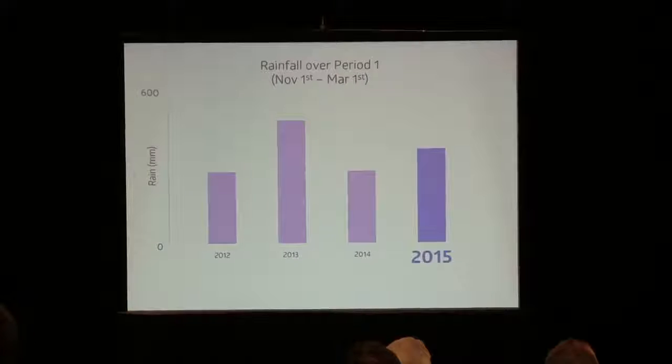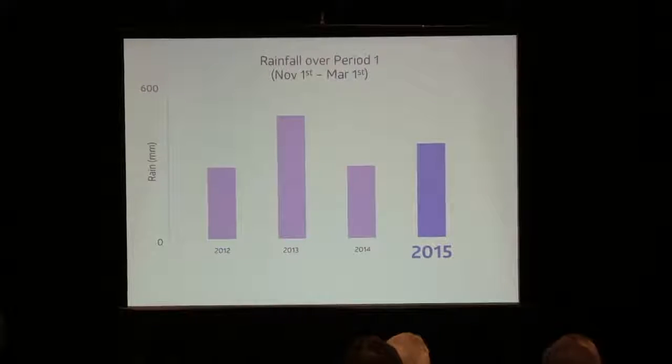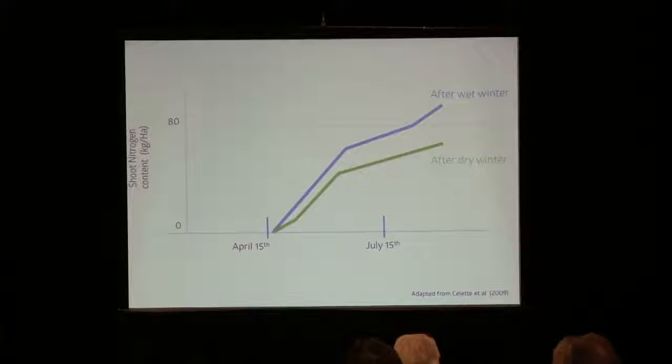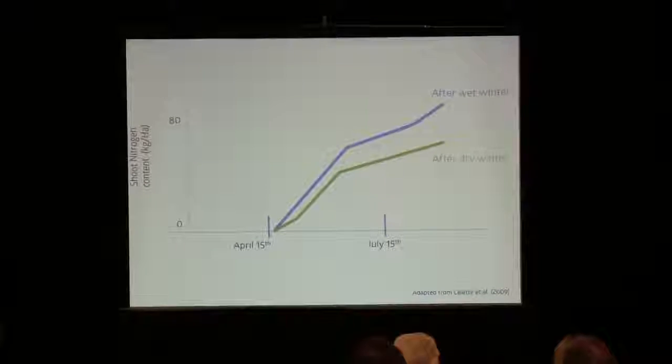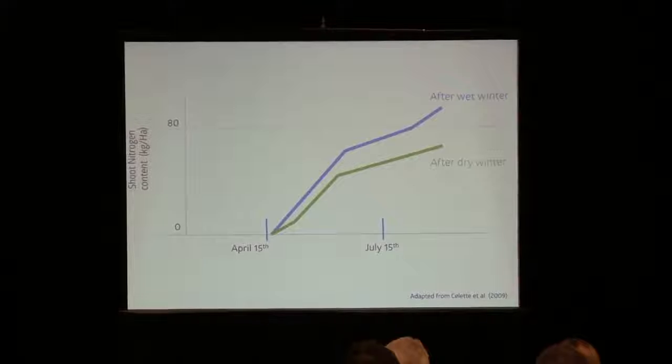higher soil temperature. So why am I spending so much time looking at soil temperature from air temperature and soil moisture content? It's because in the literature, it's a very well known fact that following a wet winter, the ability of the plant to take up nitrogen is heightened. So that led us to the second message.